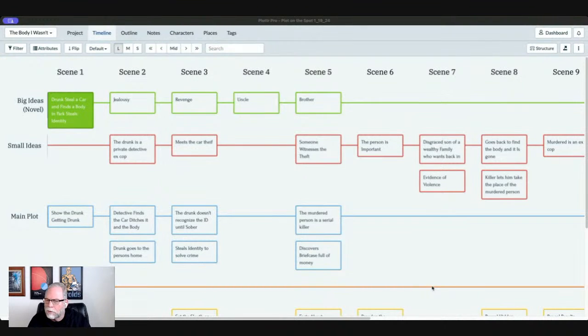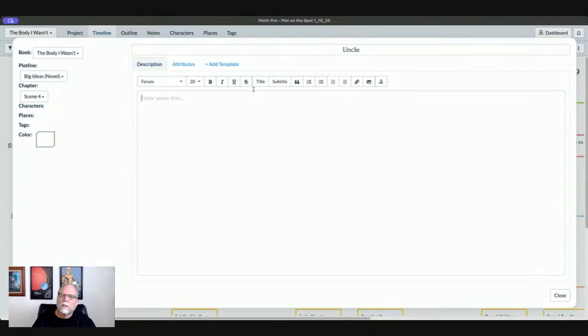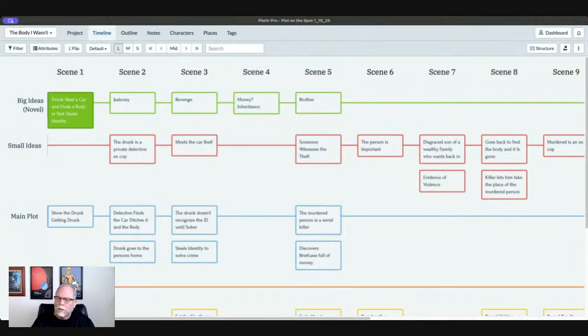This is a family thing, so there's all kinds of stuff that could happen. Money, inheritance money. That's number one with family, isn't it? So we can call this money, inheritance. Okay.